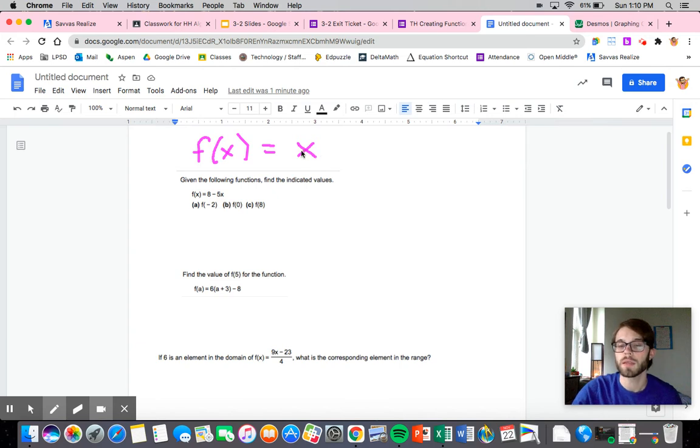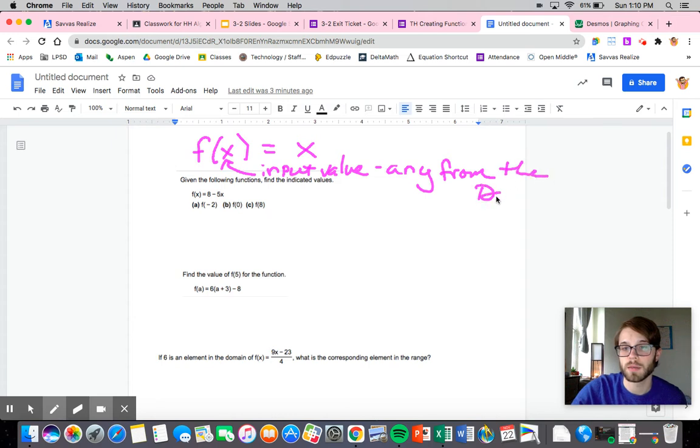And all that this is saying is that the function which has an input of x is equal to something that relates to x. So all we're saying is here's my input, this is my input value, and it can be anything from the domain.